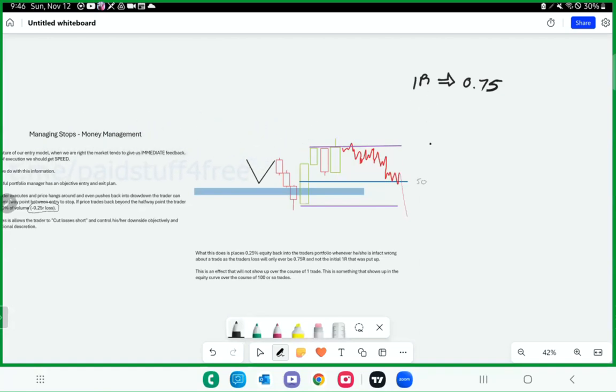The other scenario that could play out is price comes here, liquidates this low, and you get that next change in state. Guess what? Don't put the 50% back on, because if you lose, now you're losing more than 1 R. Just put 0.25 R back onto the trade.